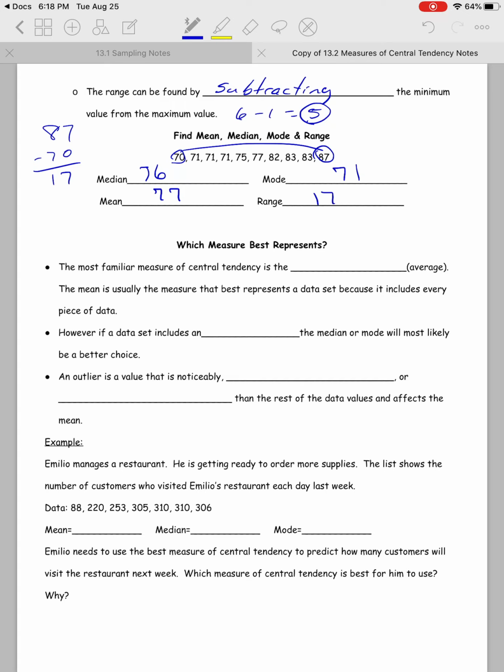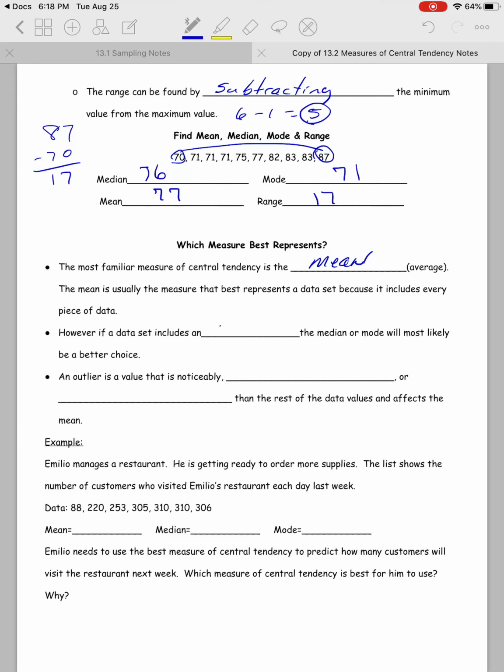So, which measure best represents the data? The most familiar measure of central tendency is the mean, or the average. The mean is usually the measure that best represents a data set because it includes every piece of data.